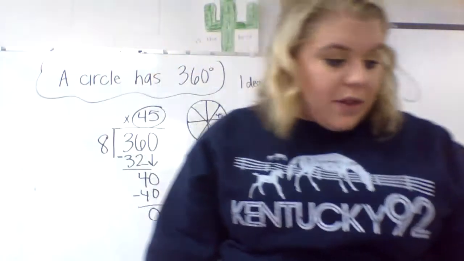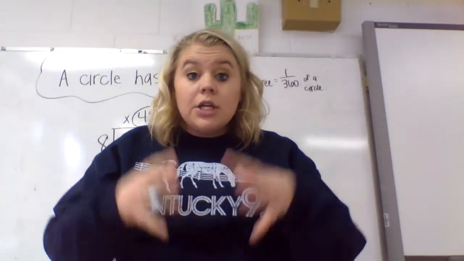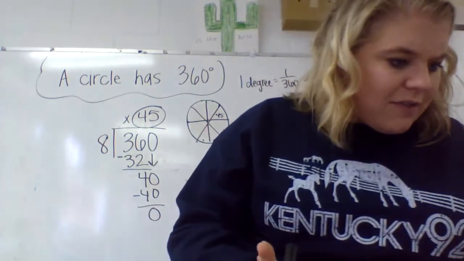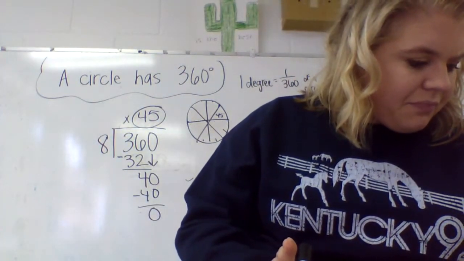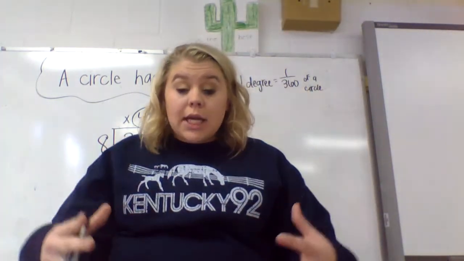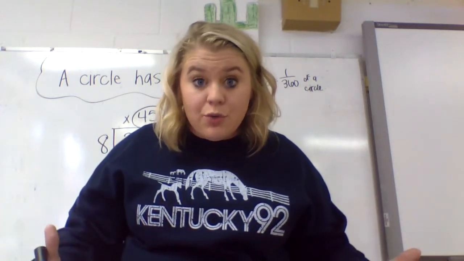So what you're doing with this is, if they're talking about a pizza, I think all of these are pizza, you take 360 degrees divided by how many pieces they're cutting it into.